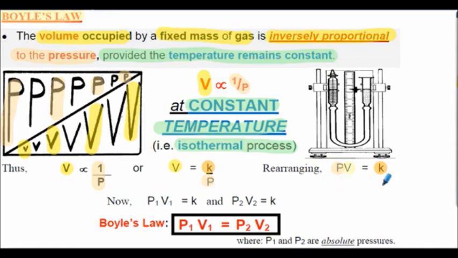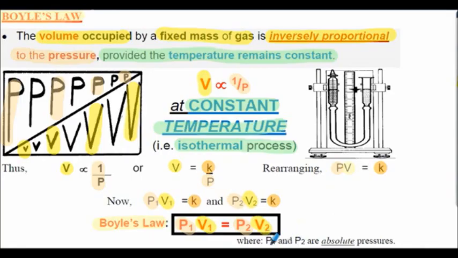And if P times V is a constant, then pressure P1 multiplied by volume V1 is equal to K, and pressure P2 multiplied by volume V2 is also equal to K. So in essence, Boyle's law can be stated as P1 V1 is equal to P2 V2.